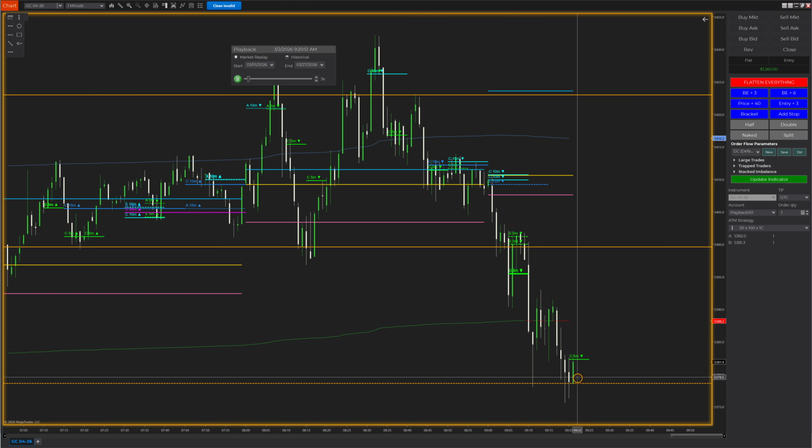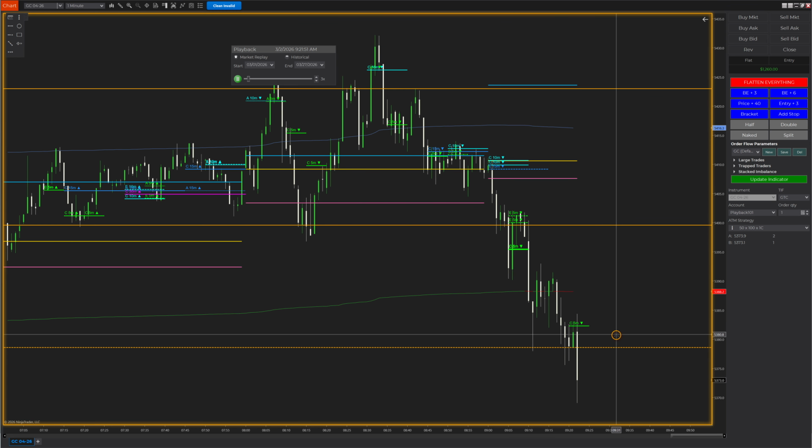Like this is not bad, but we're right above that level, so I wouldn't take that. Basically shorting right into the level. Either way, we wait for it to finish. Boom.